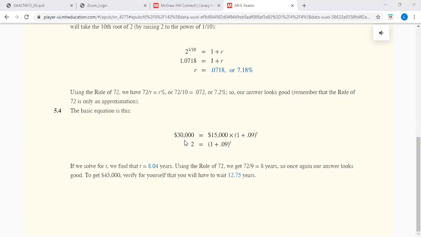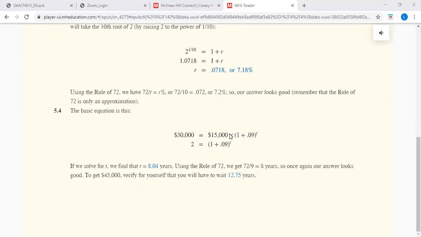So we know our present value, $15,000. We know our future value, $30,000 in the first computation. If you take 15,000 times 1.09 to the t power, the number of periods, that will give you your future amount.